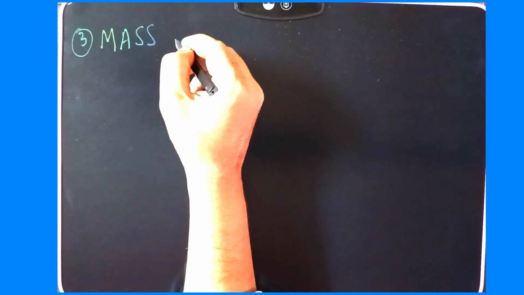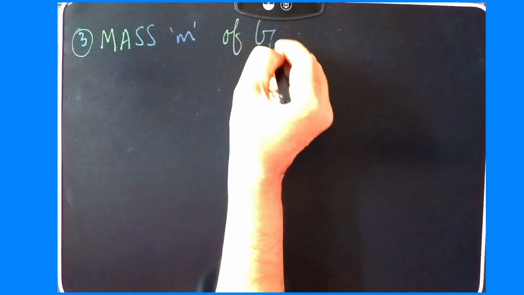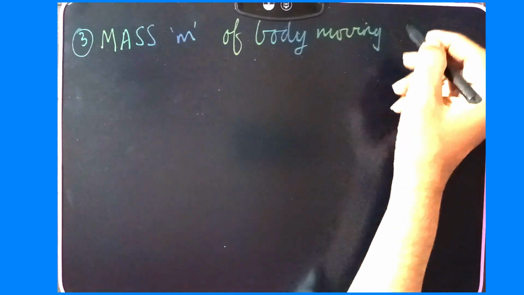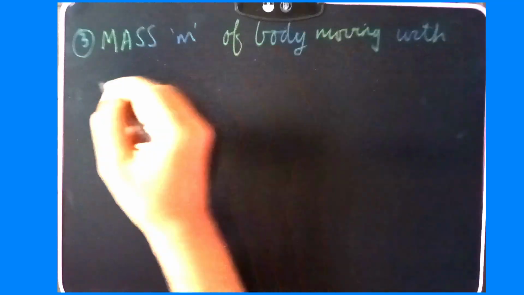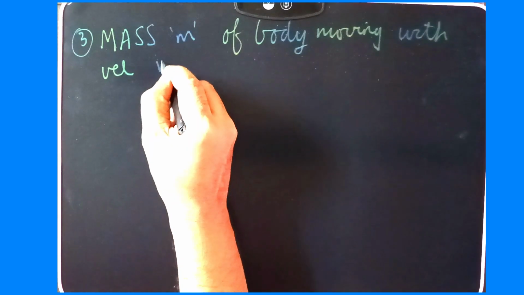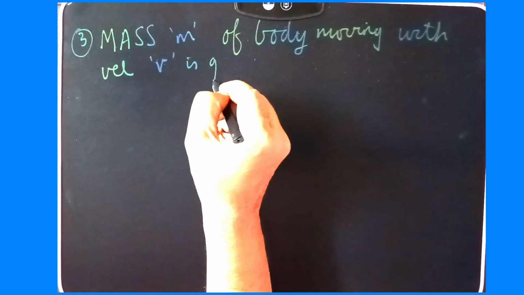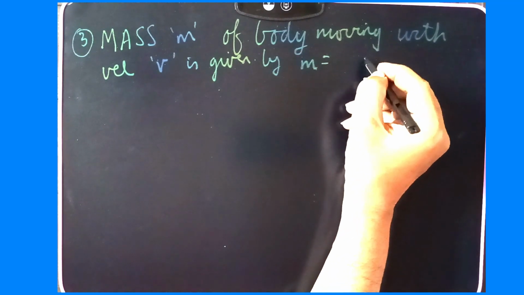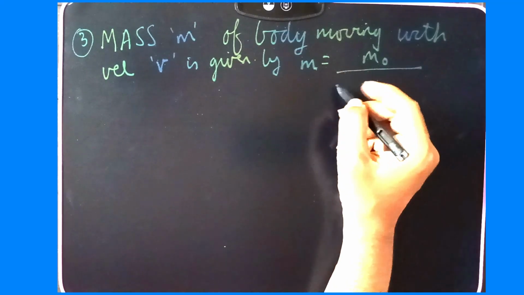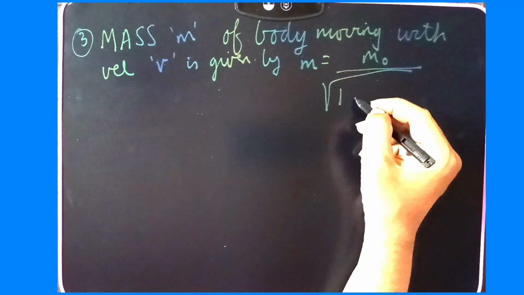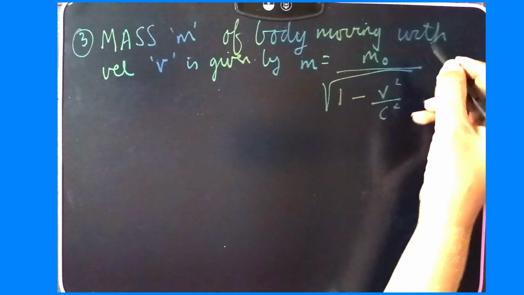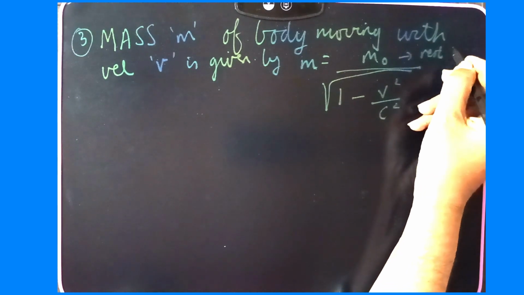Third problem. Mass m of body moving with velocity v is given by m is equal to m0 divided by square root of (1 minus v square by c square), we know this formula, where m0 is basically the rest body mass.